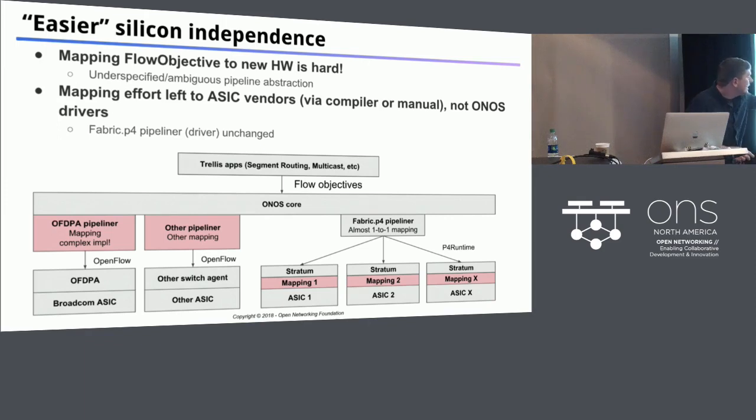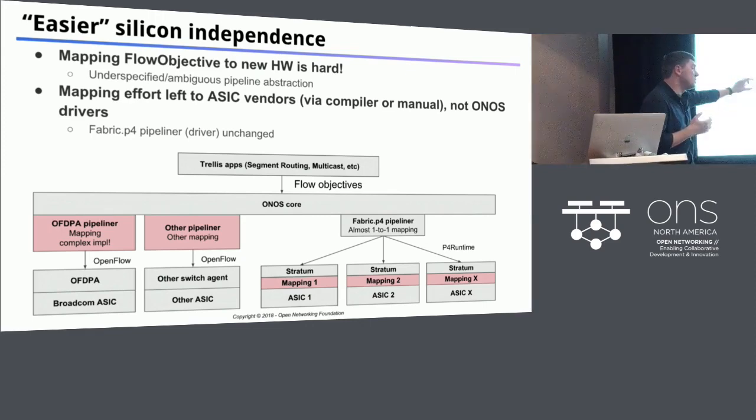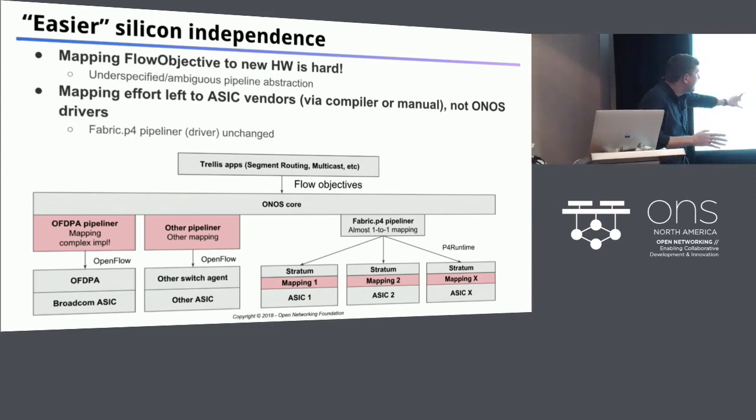No, the idea in this case is that, at the beginning, we, the ONOS developers, were the ones providing the mapping for the different ASICs, and this mapping was very complex. When we moved to the Fabric.P4 model, in which the pipeline is formally defined in a P4 program, the mapping that we implemented in ONOS is a very simple one. It's almost a one-to-one mapping. But then we leave the duty of providing the actual mapping to the physical pipeline to the ASIC vendor.